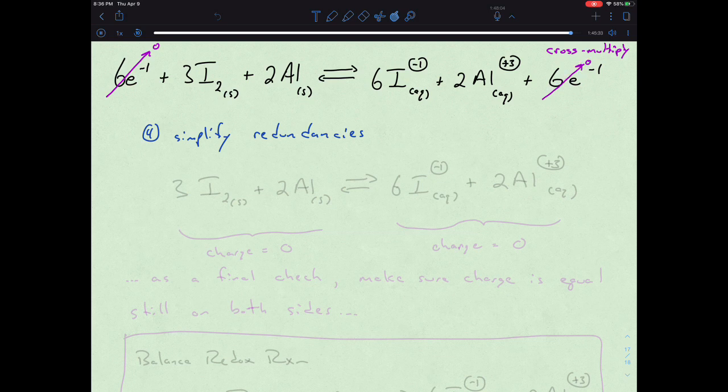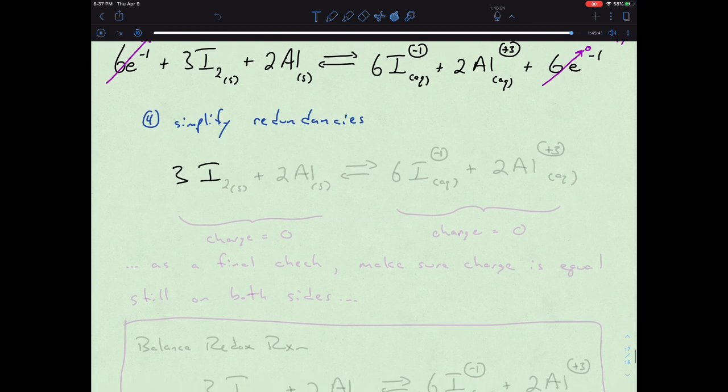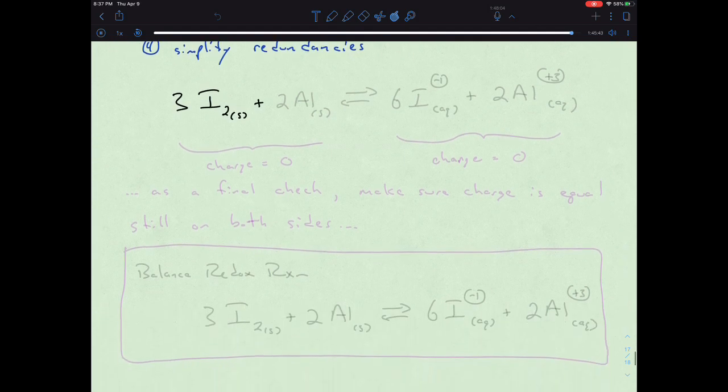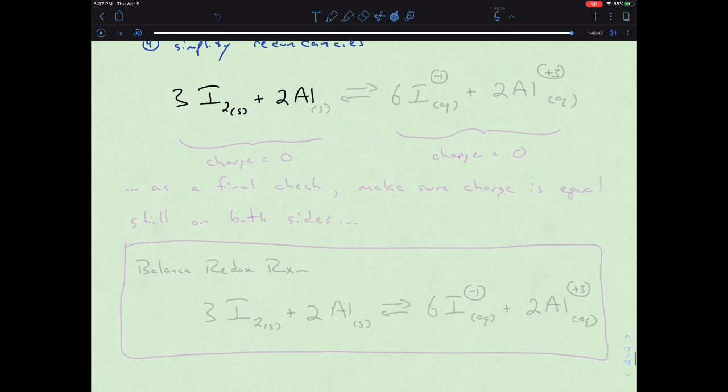So those both drop out. And then that's it. And so we're left with this as our overall redox reaction. And so that should be our process.